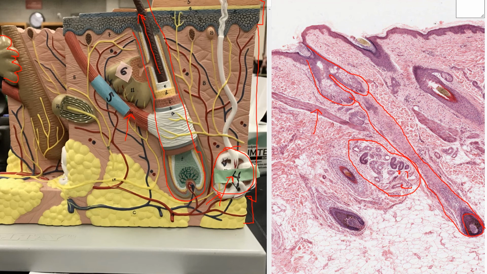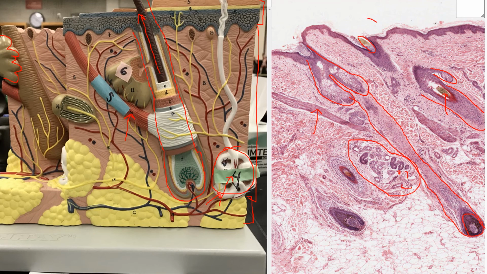Okay, there's a couple of hairs that are visible in these other hair follicles. That's a hair, and this is another follicle. You can see a bit of sebaceous gland over here attached. And here's a little bit of hair as well.